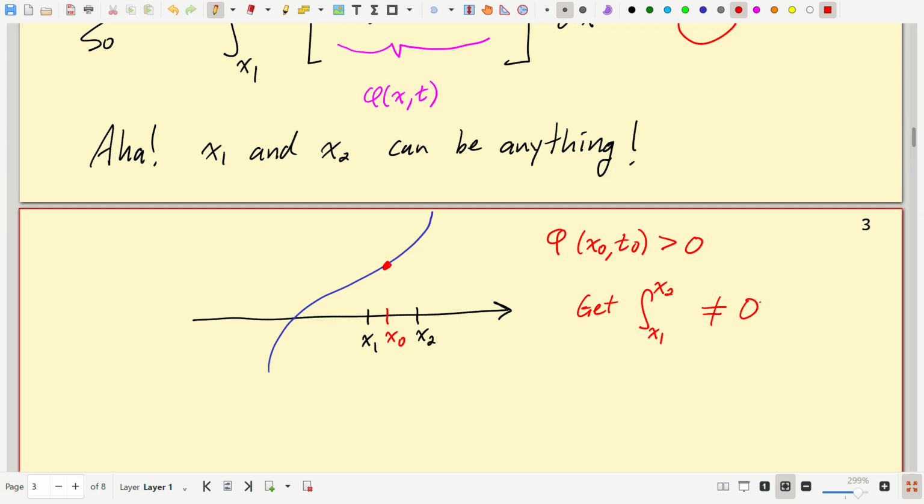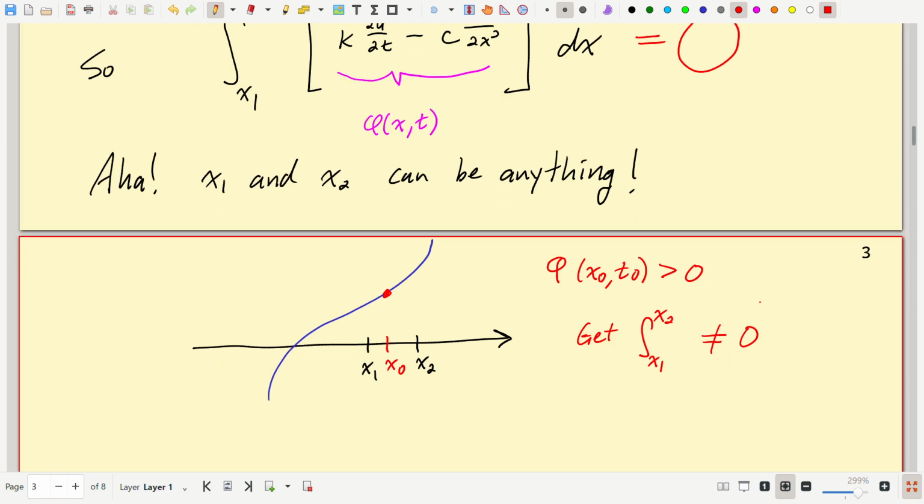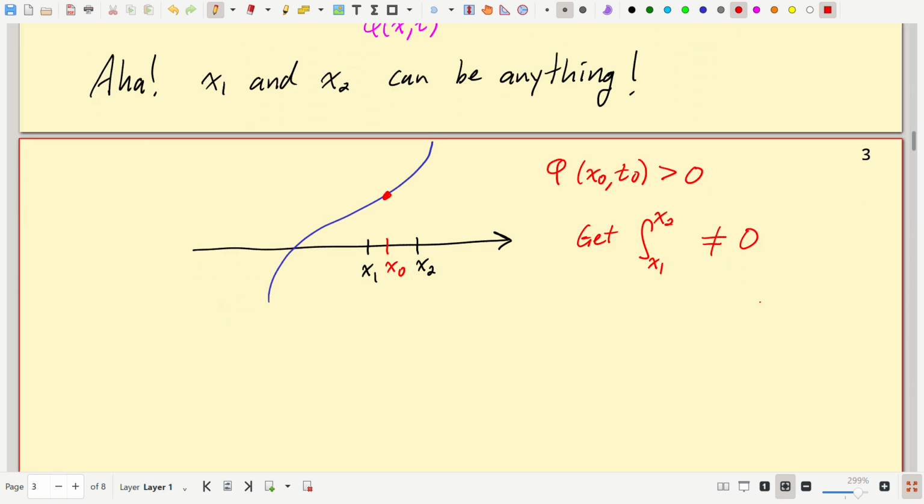So because that thing integrates to zero no matter what the x1 and x2 are, we conclude that the thing inside the integral has to be the zero function. So we conclude this thing is identically 0. And so when you solve for du dt, you get c over k.